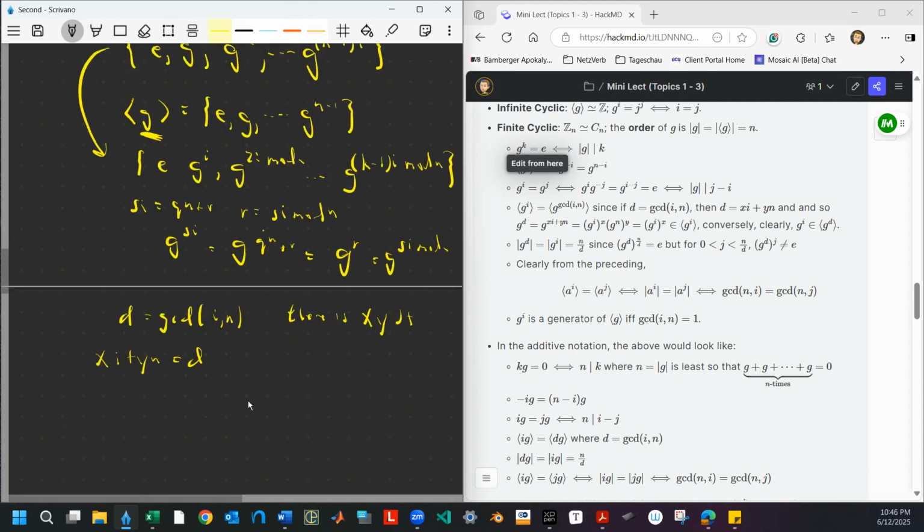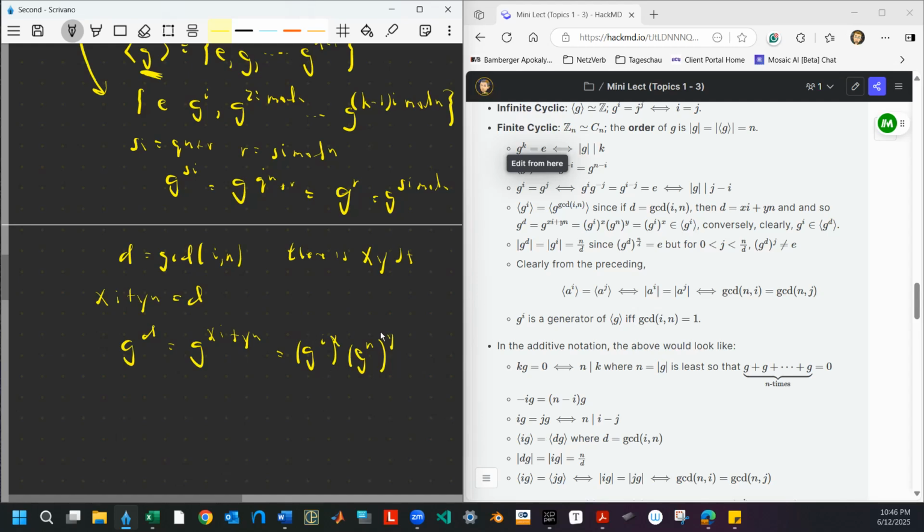And we're going to see now that g to the d equals g^(xi+yn), which is g^(ix) times g^(ny).